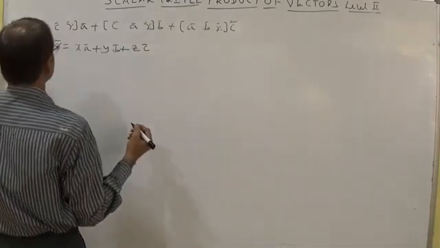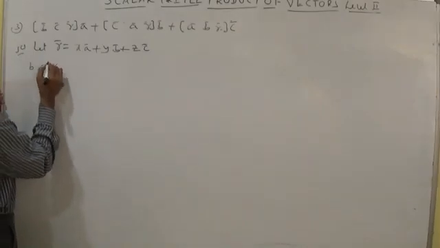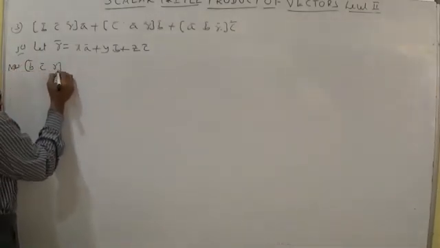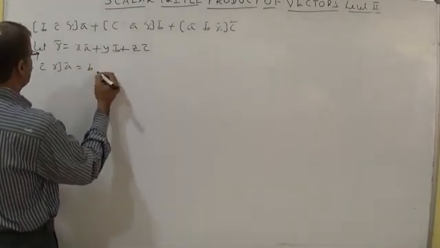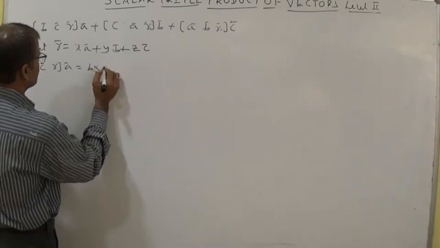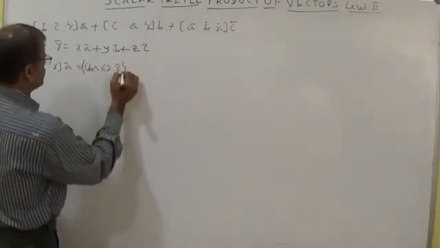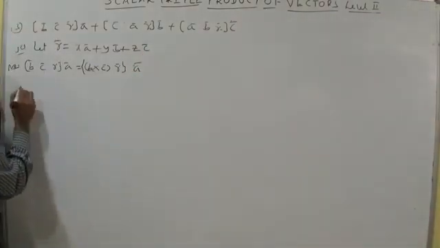Now let us discuss box BCR into A bar. What is the value of box BCR? Now we can say that B cross C into R bar, into A bar.